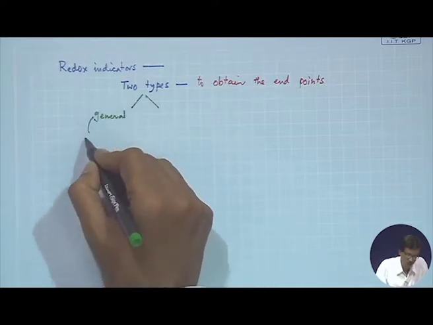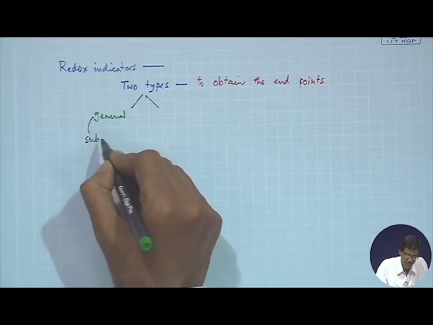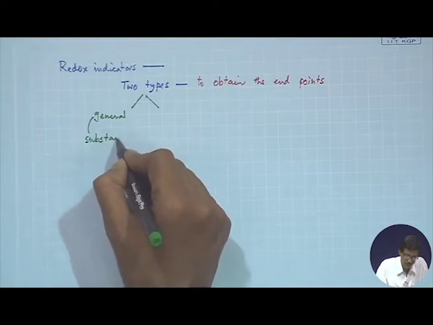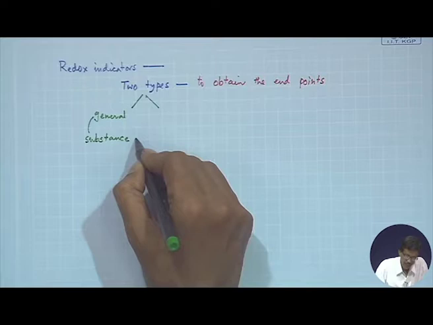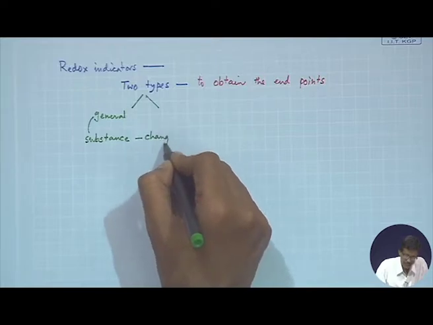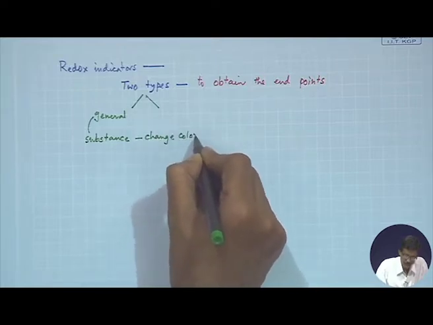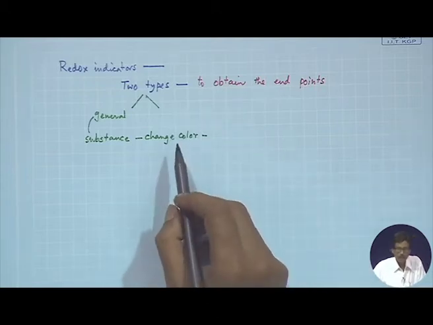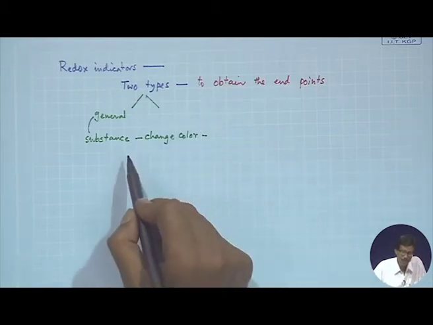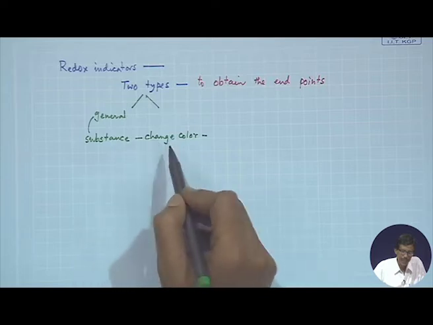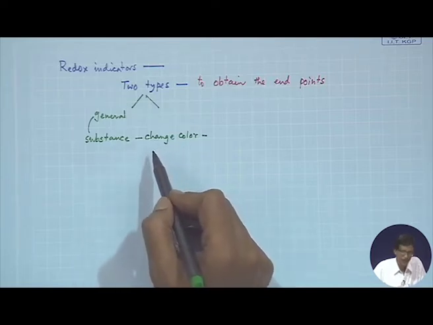How is it? You have an indicator material or substance that changes color, because we know that methyl red or methyl orange changes its color due to proton loss or proton gain.